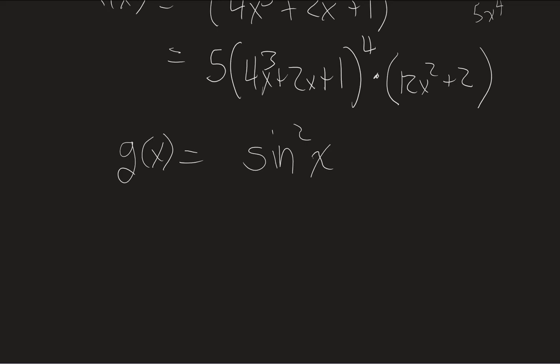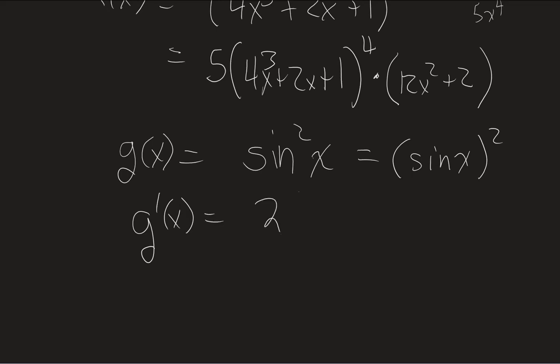And so that shows us that the outside function is raising to the second power, and the inside function is sine of x. So g prime of x, you multiply by 2, I get 2 sine x, subtract 1 from 2, I get 1, times, now multiply by the inside function, the derivative of sine x is cosine x.